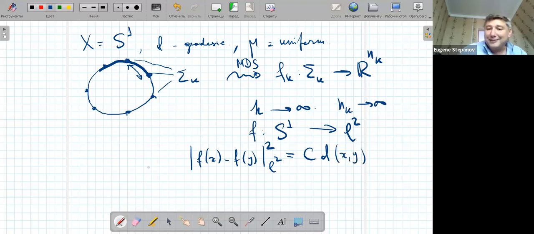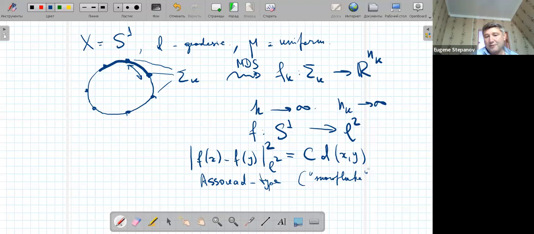So it means that in the limit, when k goes to infinity, what you get is an Assouad type, or snowflake, embedding of your unit circumference into a Hilbert space.